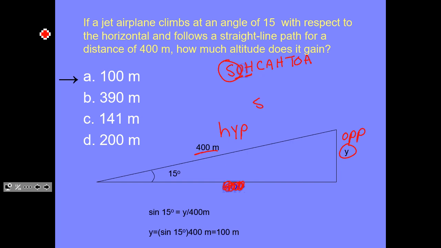So I say sine of 15 is equal to y, that's the opposite, over 400. And so y is equal to 400 sine of 15. I did it incorrectly in class because, well, I did it correctly. I just did it assuming that this was 400, but it's not in this question. And then if I want to know 400 sine of 15, that's like 100 and something, but it rounds down to 100.